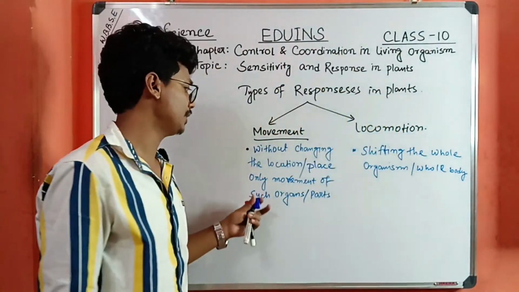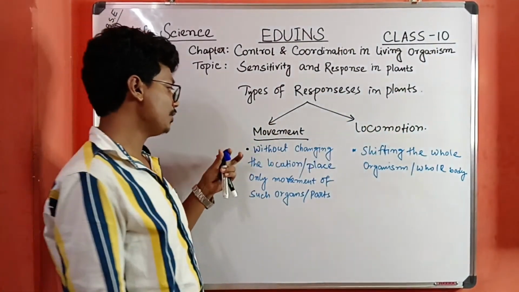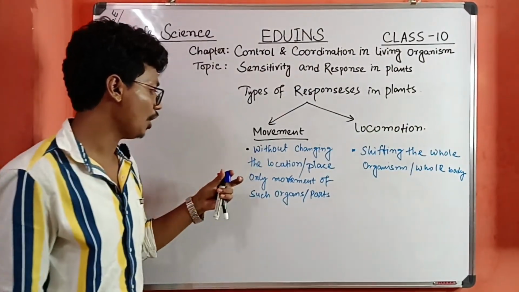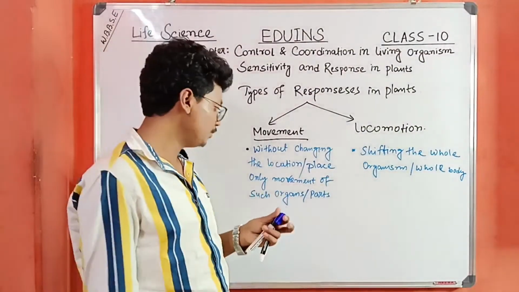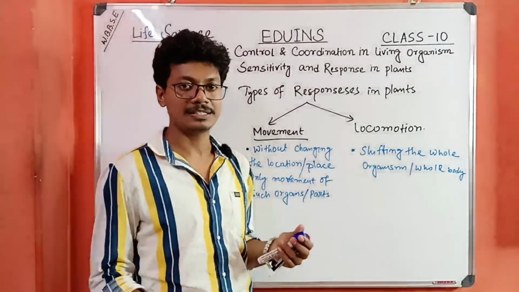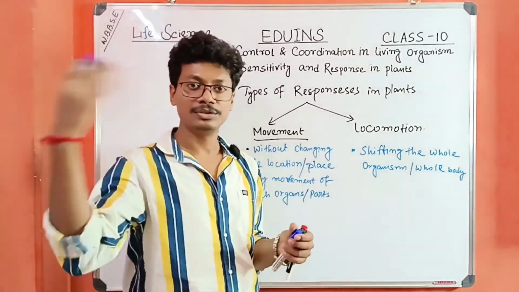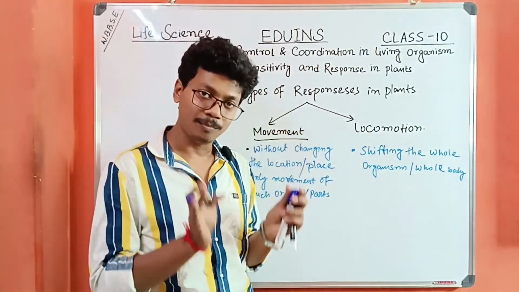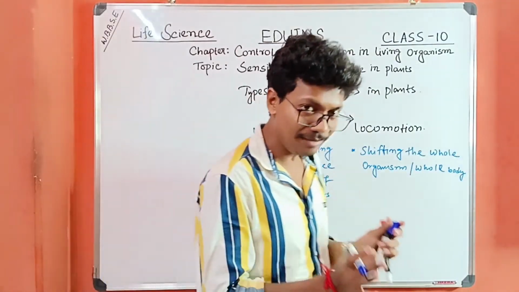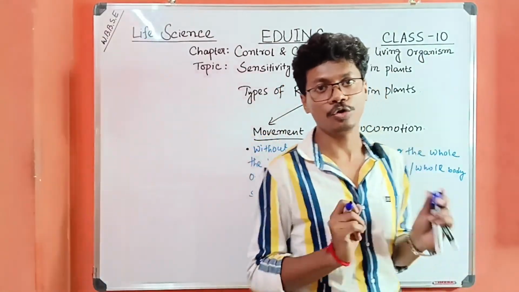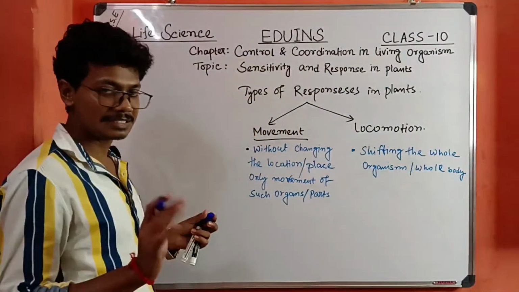Movement is without changing the location or place, only moving the organ or the parts. Here I am standing and moving my hands. This is movement. If I shift my place, this is called locomotion. Okay, this is clear.